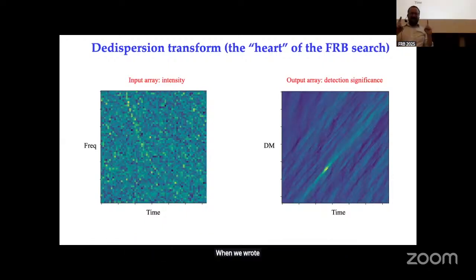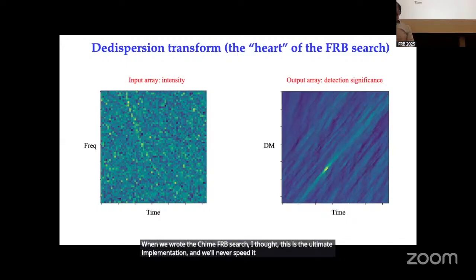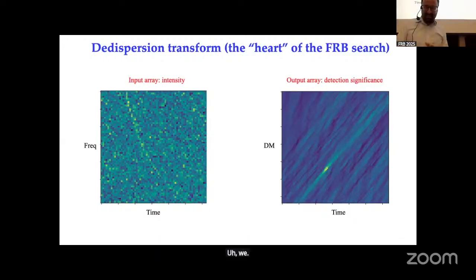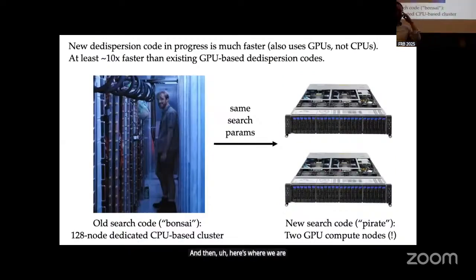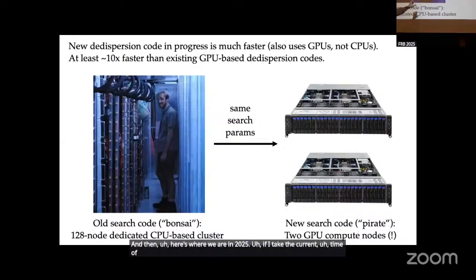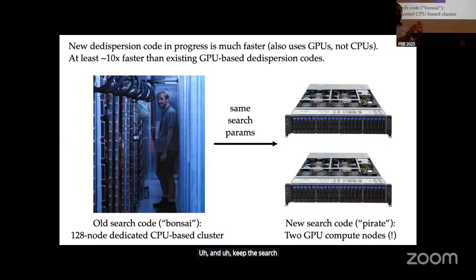When we wrote the CHIME FRB search, I thought this is the ultimate implementation and we'll never speed it up by a factor of 2. That was the extent to which I thought the code was optimized. And then here's where we are in 2025. If I take the current CHIME FRB search running on this purpose-built cluster and keep the search parameters the same, with the new code in progress, I'm confident that we'll be able to fit it on 2 GPU compute nodes.